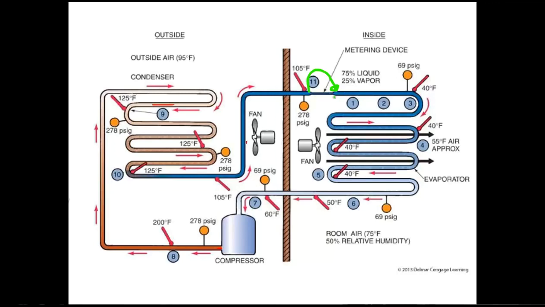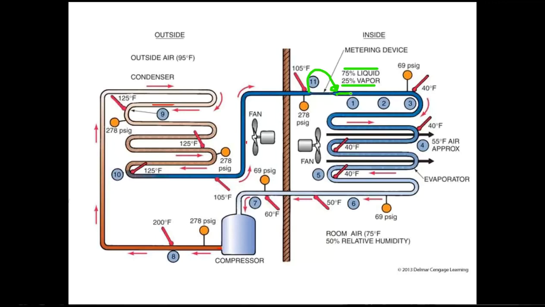So at this point in the refrigeration process, after the liquid refrigerant has passed through the metering device, the refrigerant itself is 25% vapor and 75% liquid. And remember, that puts it right from liquid directly into its saturation point, because saturation is when we have both liquid and vapor present. So we now have saturated refrigerant at our indoor coil.